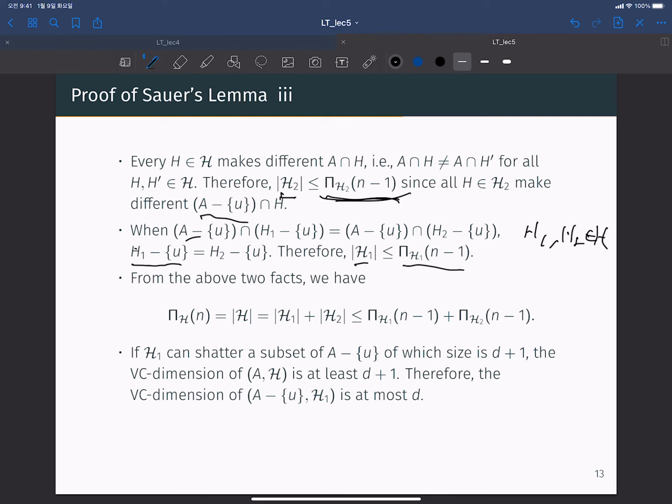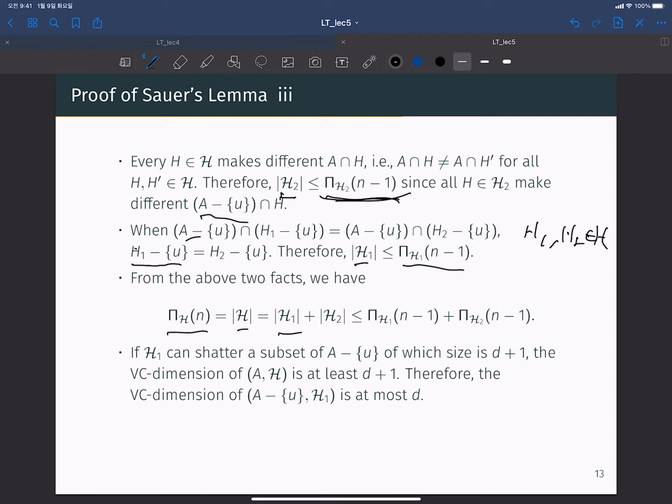So from the above two facts, we have that the growth function for n elements, by definition, was equal to the cardinality of our original hypothesis H, which was equal to the cardinality of H1 plus the cardinality of H2 from the definitions of H1 and H2.